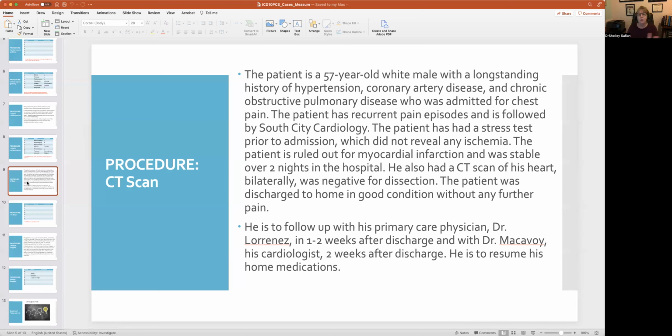Okay. But I wanted to give you the short bits because sometimes you only get short bits. All right. So you are reporting a CT scan of the heart bilaterally.